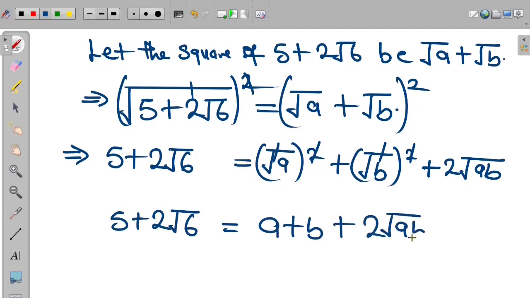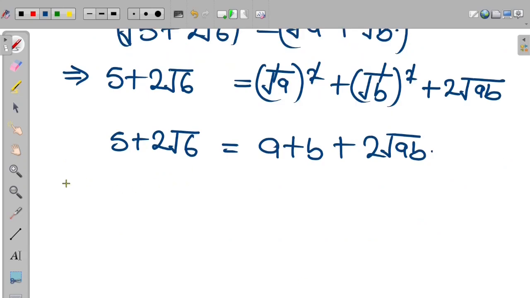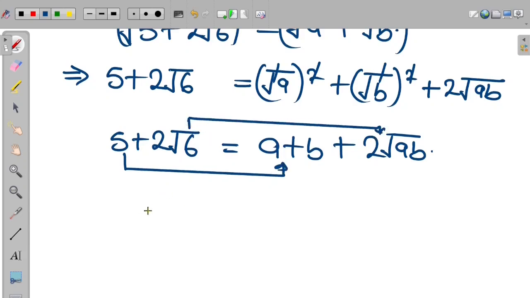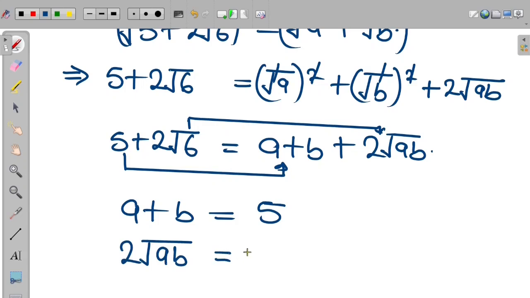Now, from the concept of equality of surds, the real part will be equated and also the radical part will be equated. So we have A plus B equal to 5, and also 2 multiplied by root AB equal to 2 multiplied by root 6.